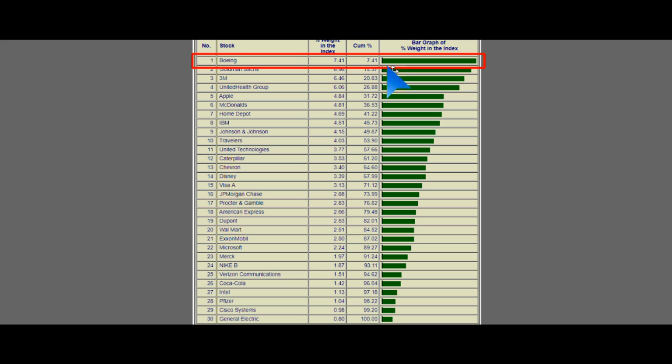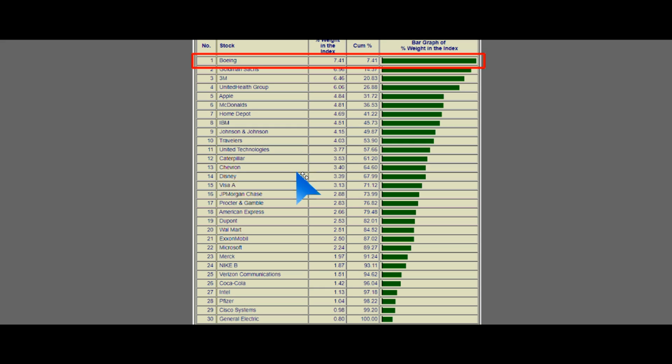So when the Dow Jones moved up through July, almost 60% of that move was because of one stock, because of Boeing. And what's interesting is when you look at the market cap, so the overall market size of Boeing, it's actually ranked 41st. If the Dow Jones was a market cap index, it wouldn't even be listed in here.